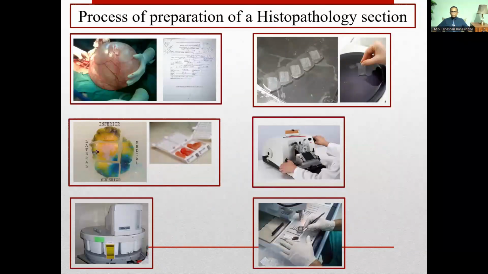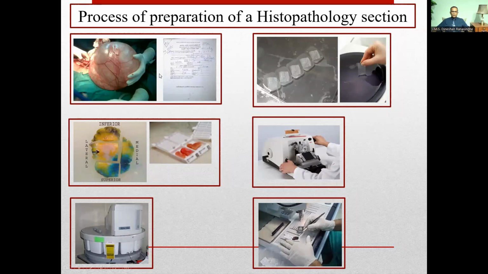But when it comes to histopathology, that means histology, when we do a surgery and you send us the specimen with the request form, put in formal saline, it takes time for the tissue to get fixed. As you know, the bigger specimens take more time for fixation.